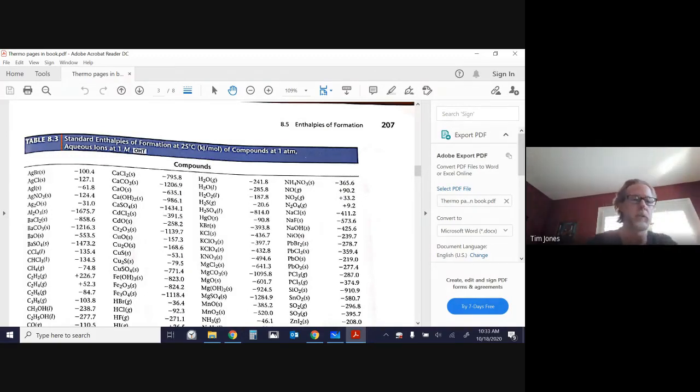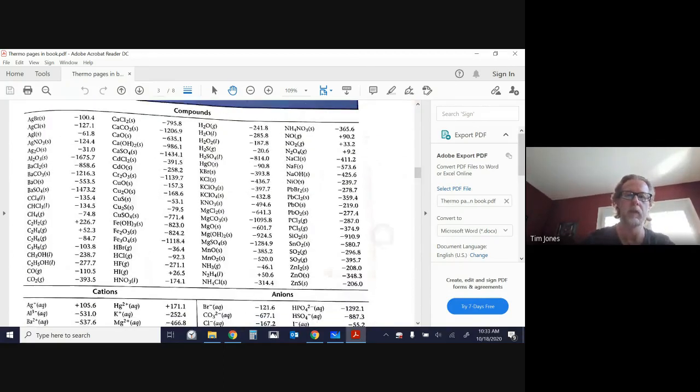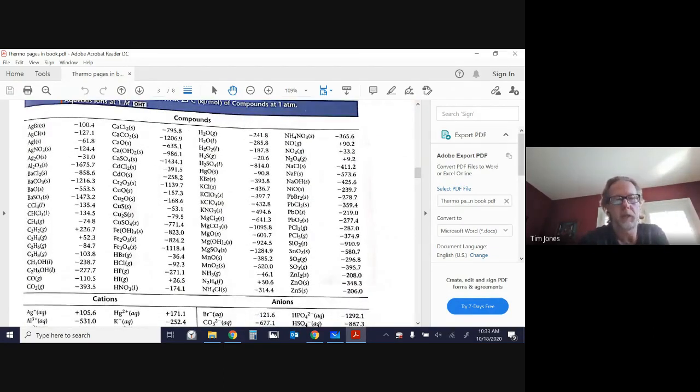Another thing to note is that if they are ions dissolved in water, they will be 1 molarity. So 1 molarity, if relevant, 1 atmosphere, 25 degrees. They remind you that the unit is kilojoules per mole. So each of these values you see in the chart is the change in enthalpy that it takes to form these things from their elements.